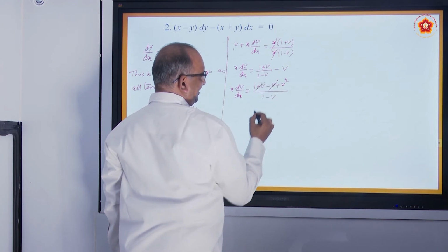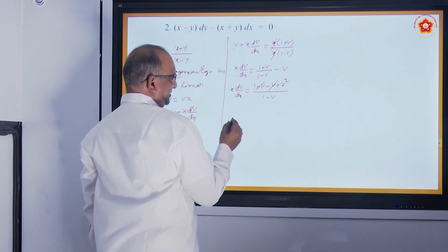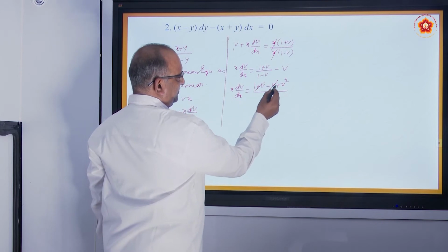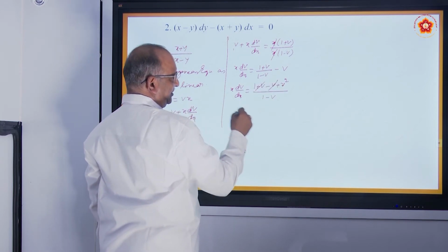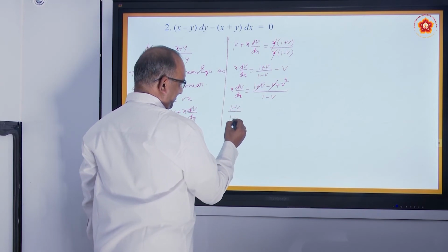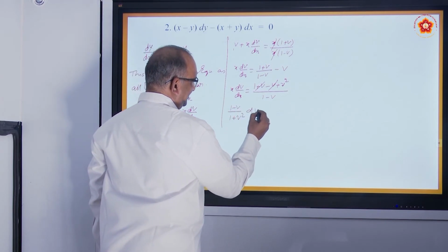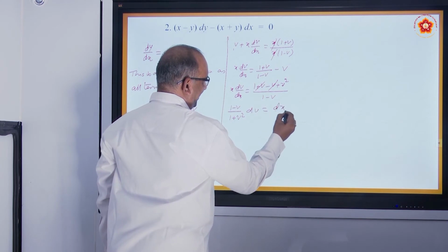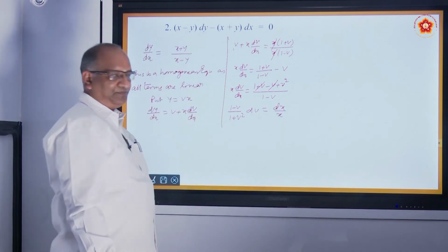Plus v minus v will get cancelled and you will be left with 1 plus v square by 1 minus v. Bring the whole thing this side, it will become 1 minus v upon 1 plus v square dv equal to dx by x, just like the last problem.